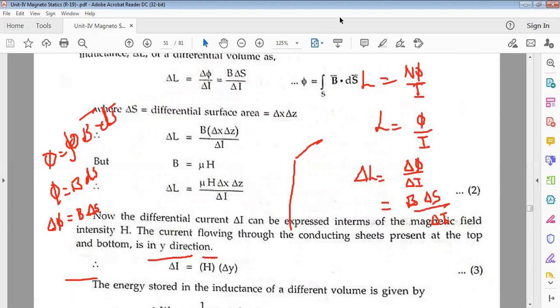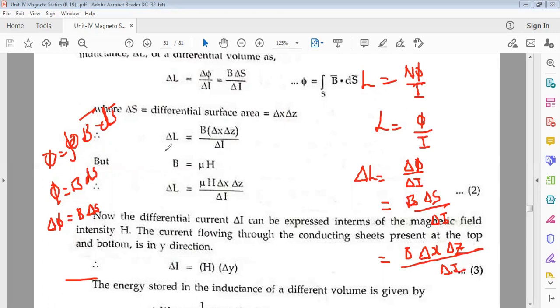Delta L is equal to the differential surface area, the small differential surface area delta X into delta Z, the whole divided by delta I. What is the relation of B and mu?